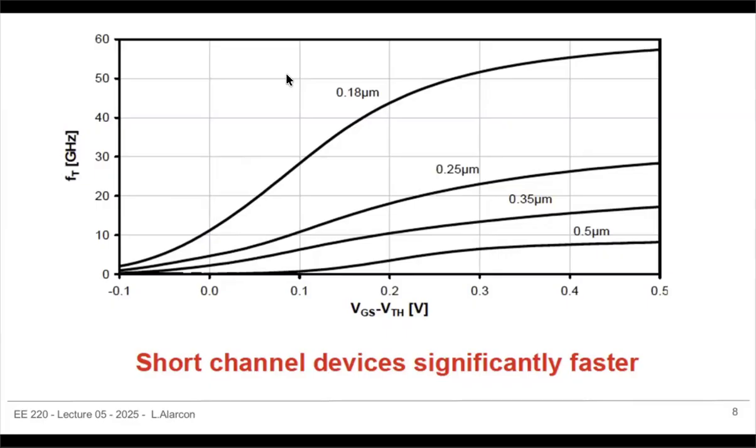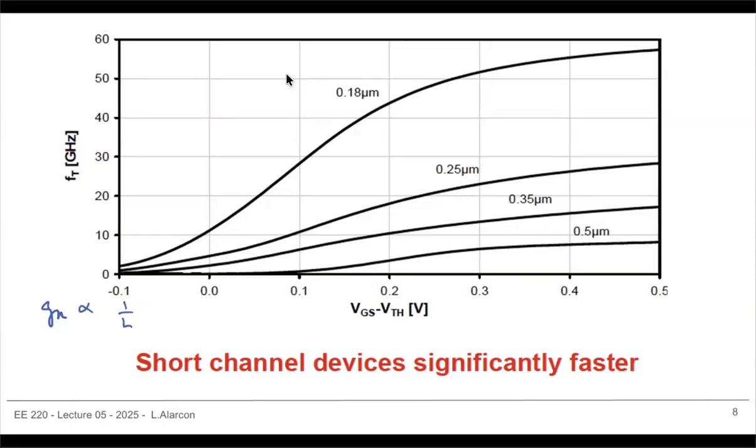And this is very important. So GM is going to be approximately a function of 1 over L. So the smaller the length, the more current. And in square law, this is proportional to width over length.